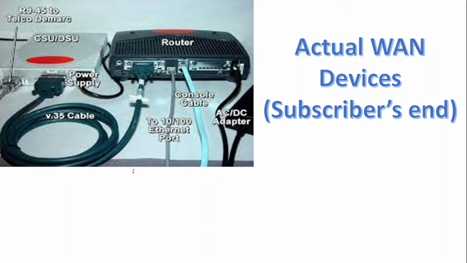And there is a V35 cable here that is connected to the CSU-DSU. Usually this is a modem, and the modem is directly connected to the telco. And this is our demarcation. This is where the connection from the ISP, or the internet service provider, starts.